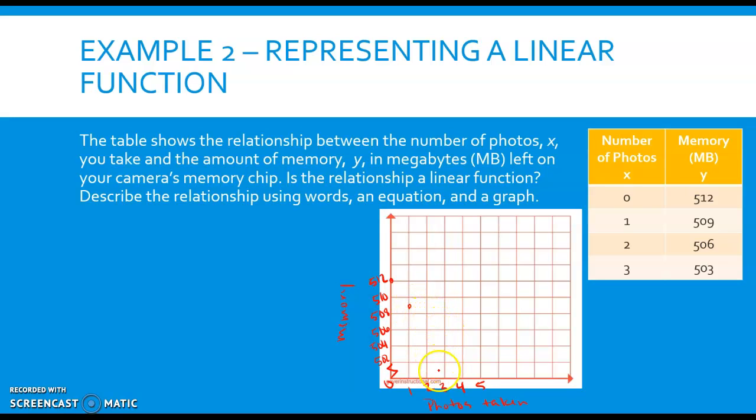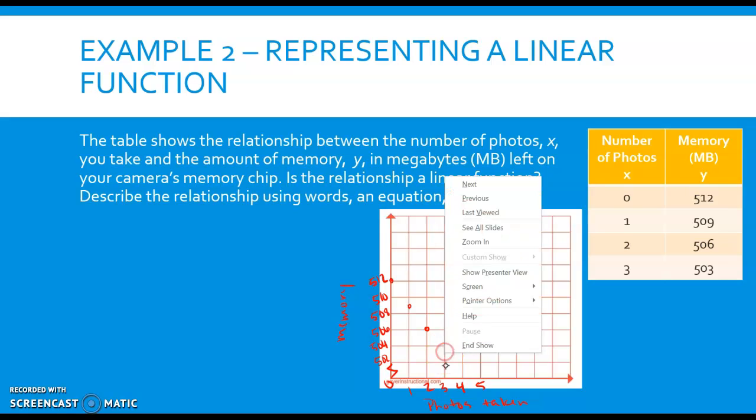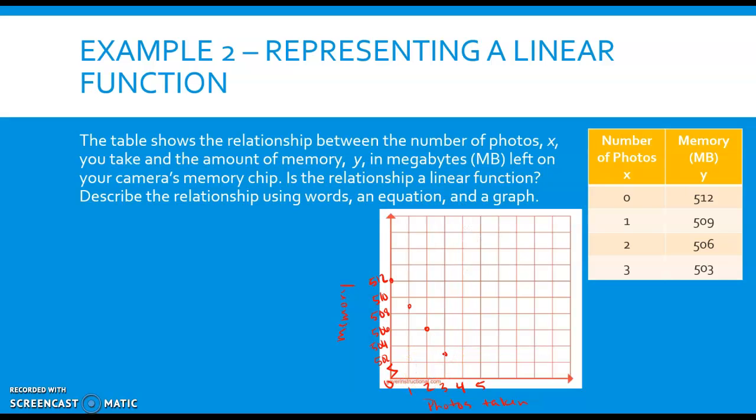And then 2 is at 506. And 3 is at 503. All right, so that is our points. So for each photo, this is where we are.